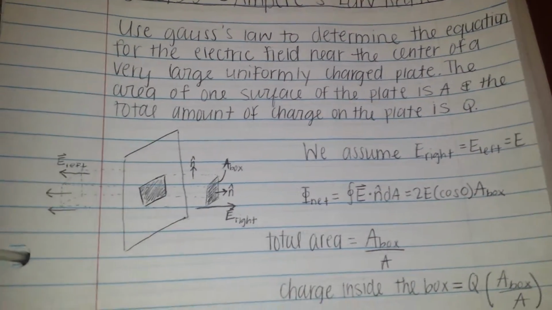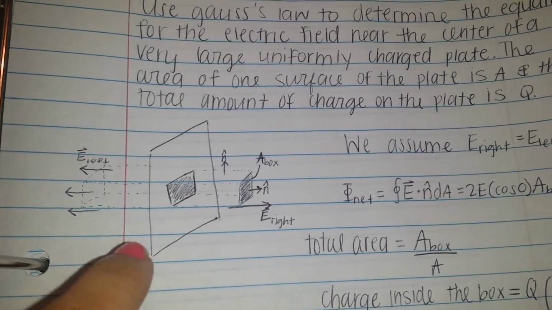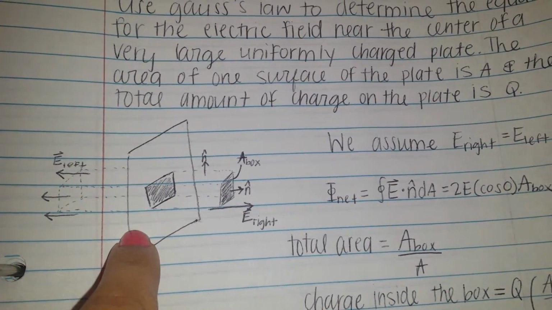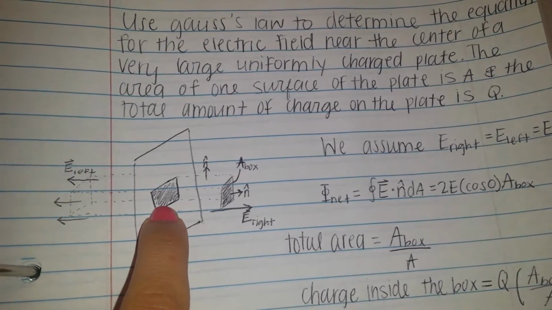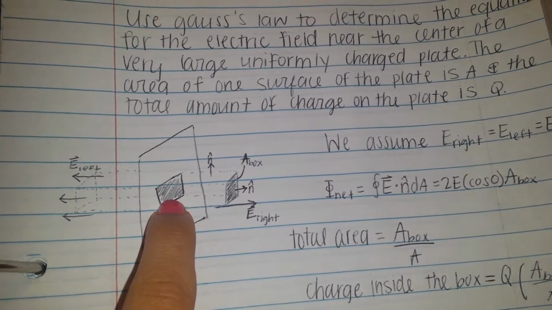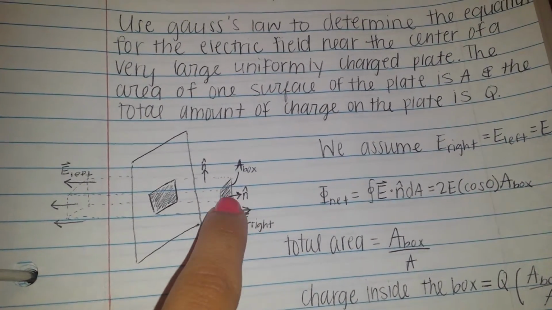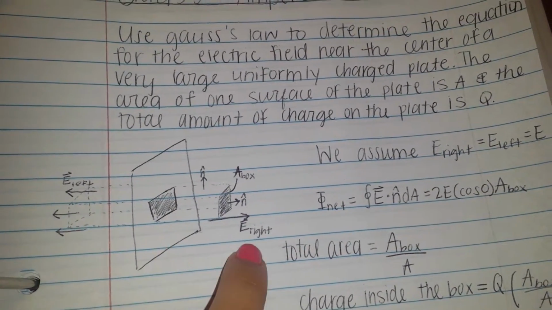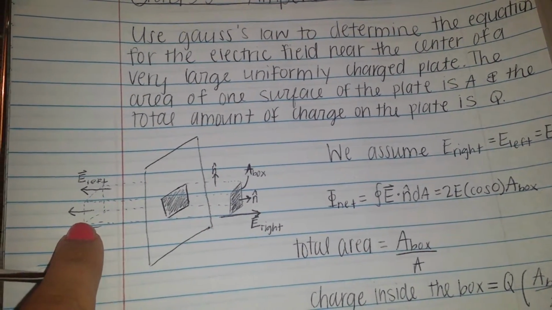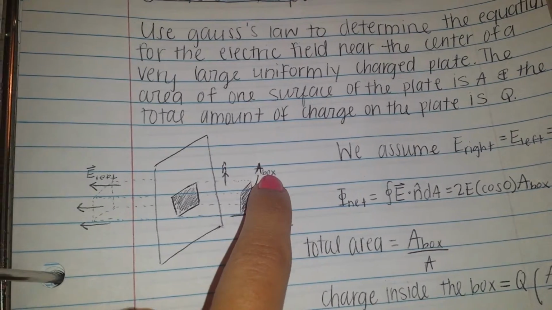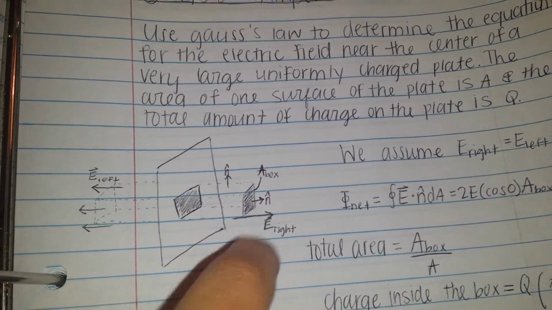Q. So if we draw this as the large plate, we can use the Gaussian surface as this square, and I have it protruding out. So we have an E to the right and an E to the left. And this A box is this here.